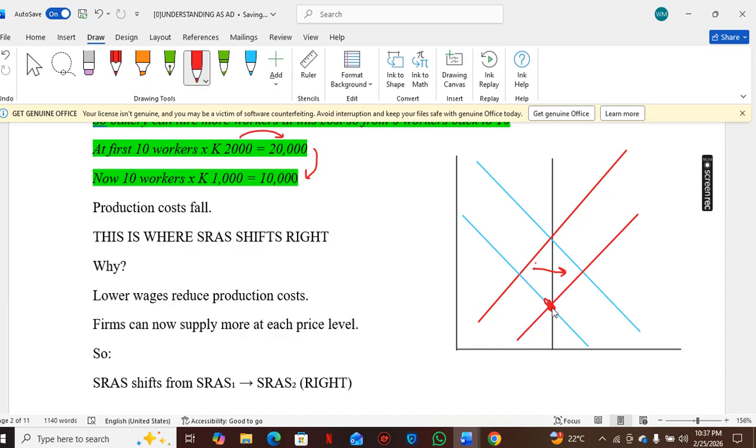Lower production costs, now you can produce more bread, and you can produce it even at a cheaper price. So as you hire these new workers, according to Say's law, once you bump up supply, eventually supply is going to attract demand. Any questions?